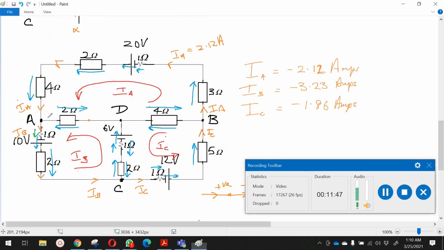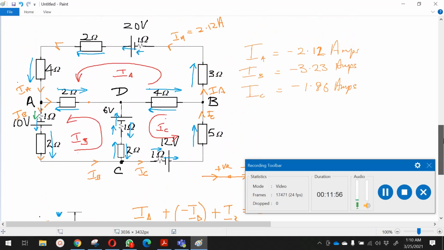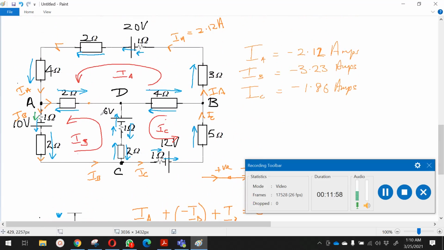So I know now that this current here, Ix, is positive, so it's moving towards the junction. 1.11 amps. So that means this current is going in this direction. 1.11 amps. I'm going to do the same thing for this junction B.